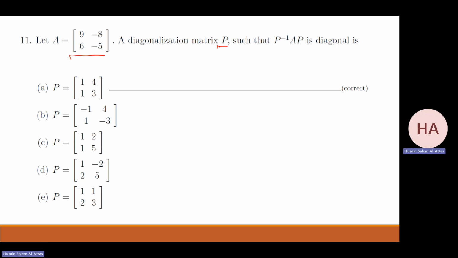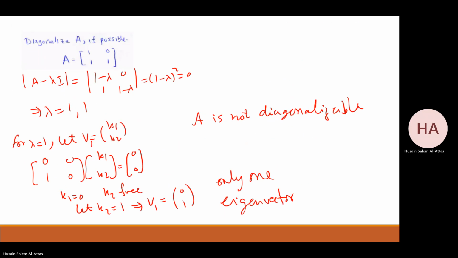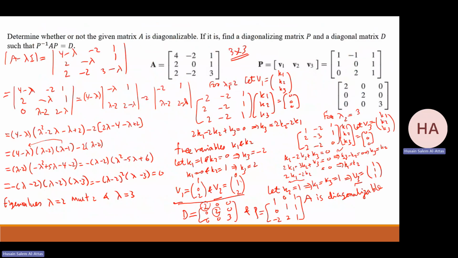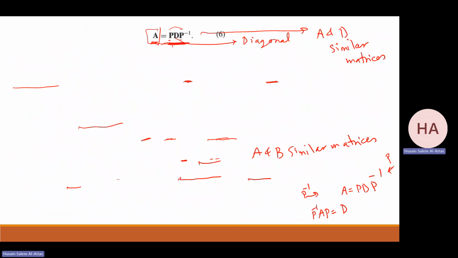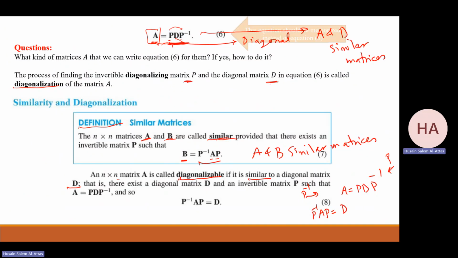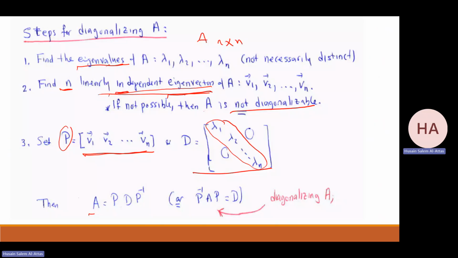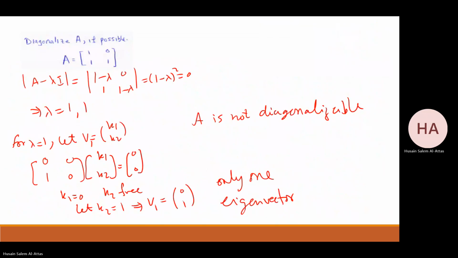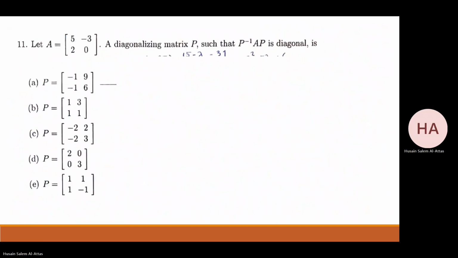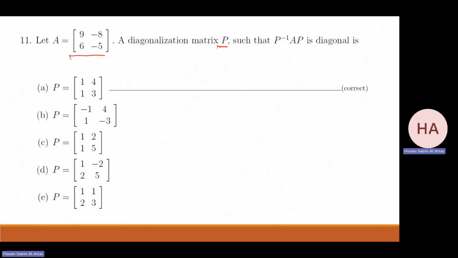Okay. That B inverse AB is diagonal. You need to be careful here. Yeah. We have A equal PD P inverse.